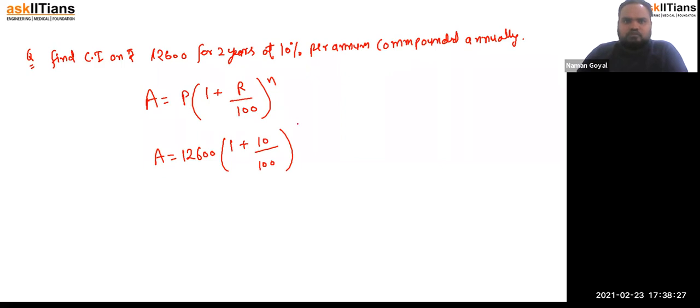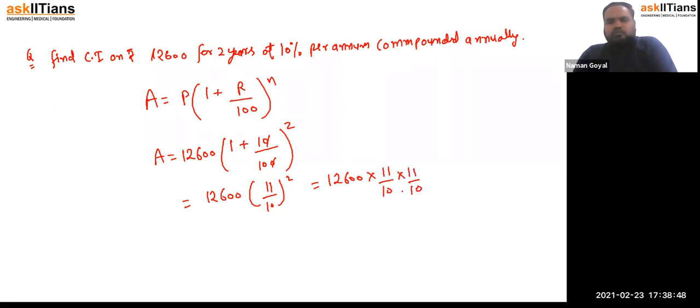So if you solve this, taking LCM it will be 110 by 100 whole squared, which is 11 by 10 into 11 by 10, right?